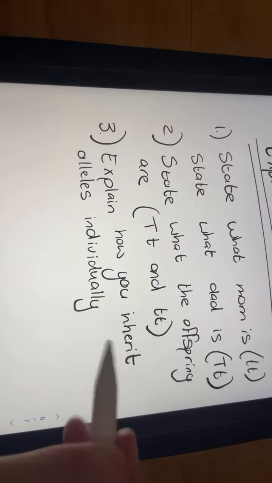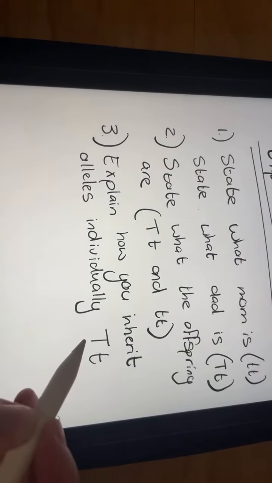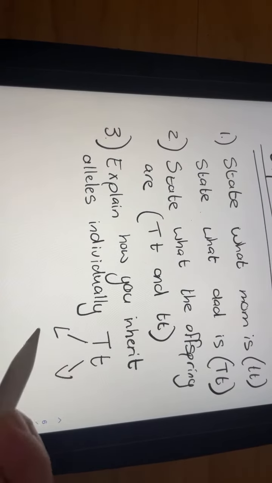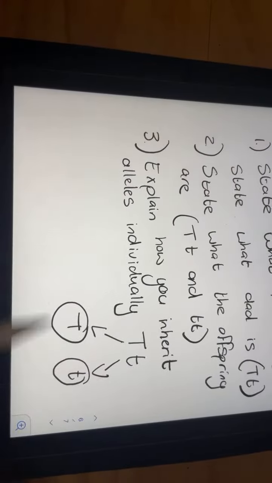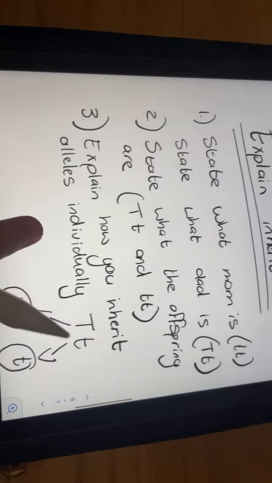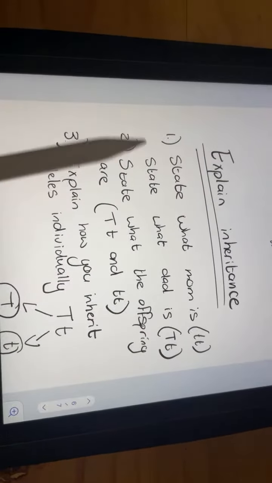In other words, if these are your alleles, they separate into gametes, which means you can never inherit 2 of the same. And so that is the perfect way to formulate any question if they ever ask you to explain inheritance.